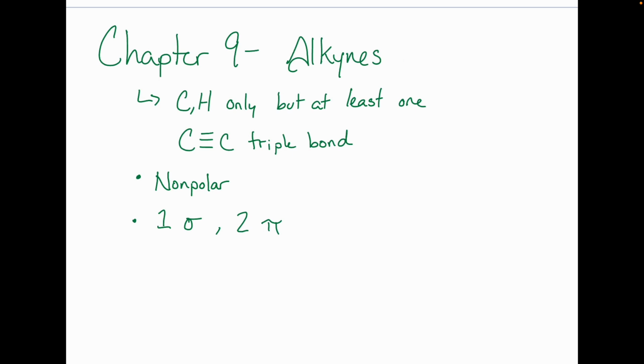Okay, and those pi bonds are again going to be the source of the reactivity of this functional group. Okay, because of that, we're going to see a lot of addition reactions, just like we saw for alkenes.